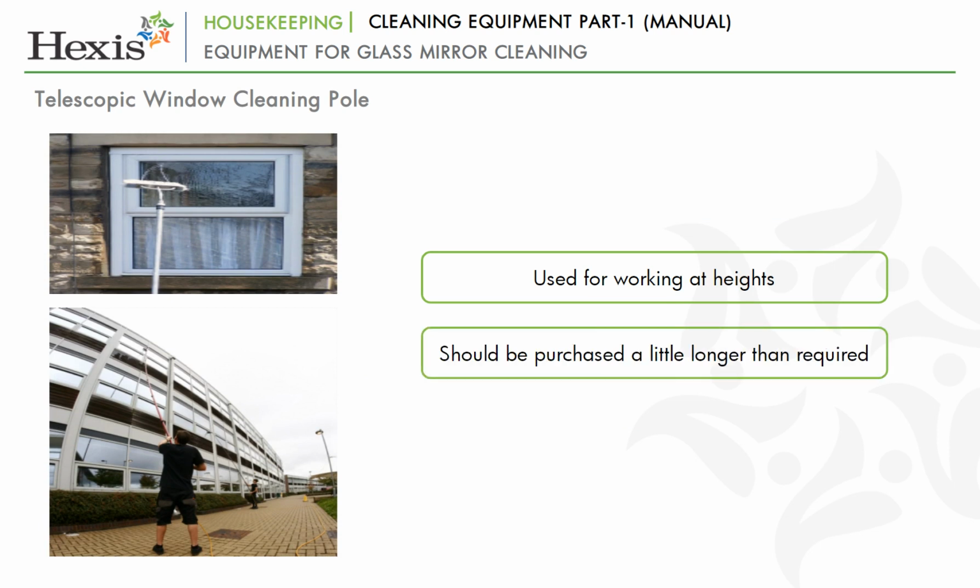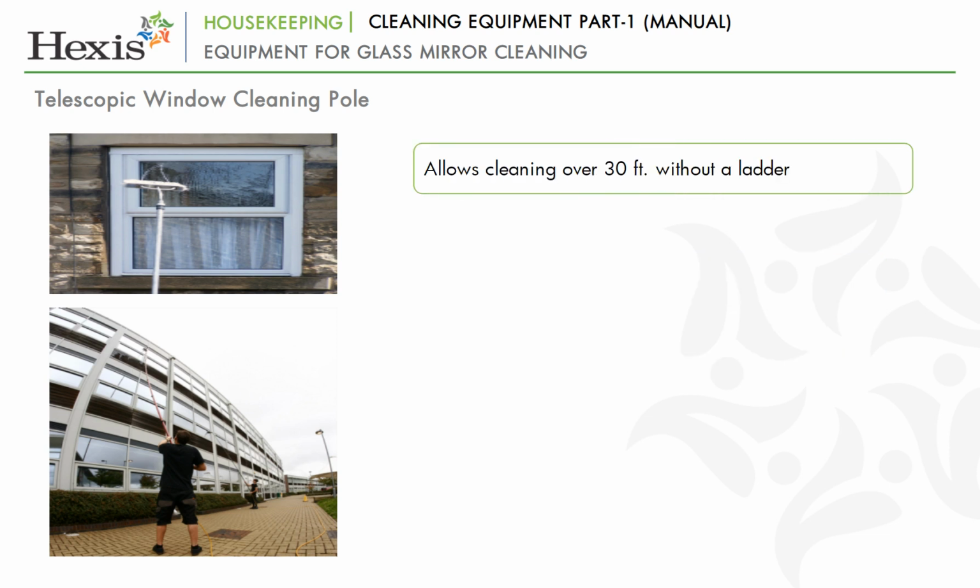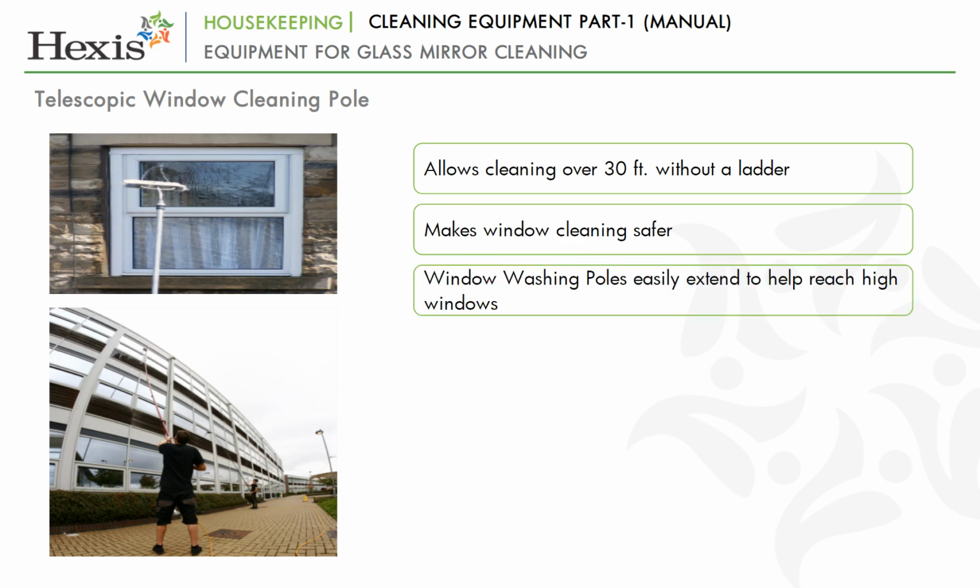For working at heights, an extension pole is a must-have tool. It's usually recommended to purchase a pole a little longer than needed. All squeegee handles and window washers are designed to be attached to an extension pole. Telescopic window cleaning poles allow you to clean windows over 30 feet high without a ladder. Telescoping poles make window cleaning safer. Window washing poles easily extend to help reach high windows.